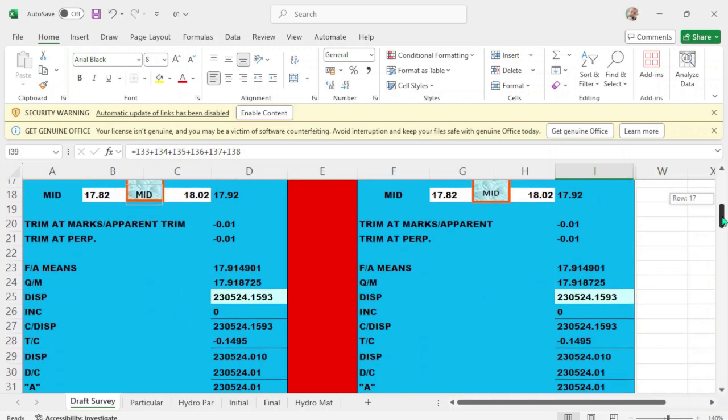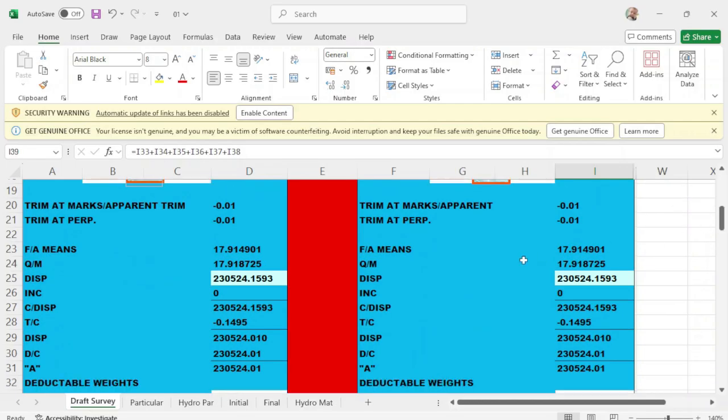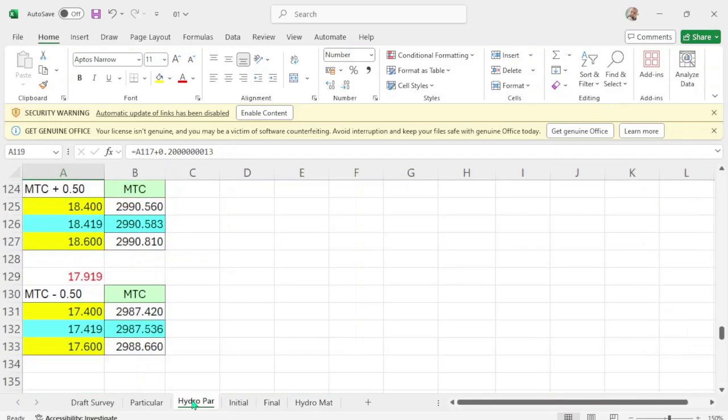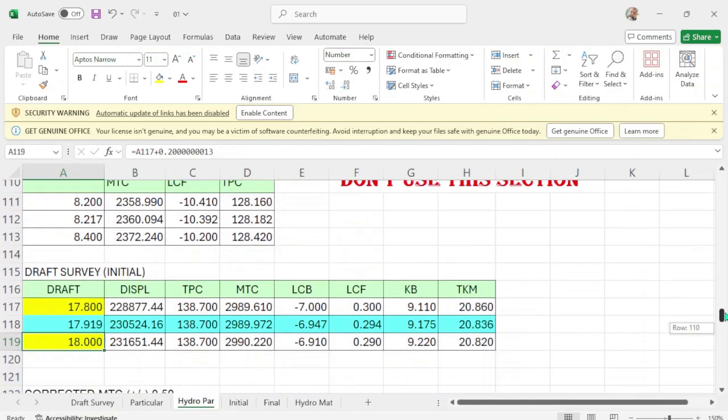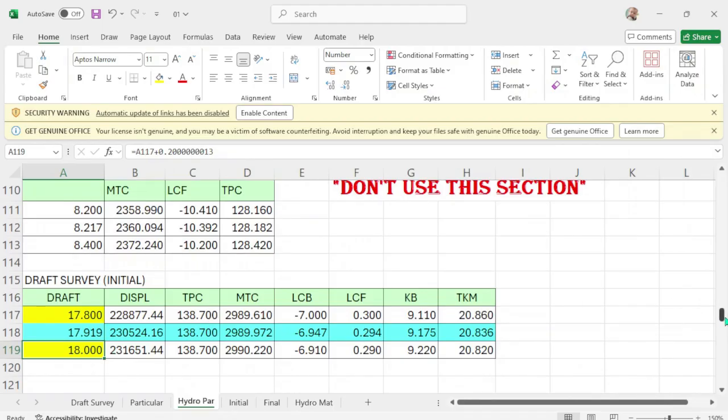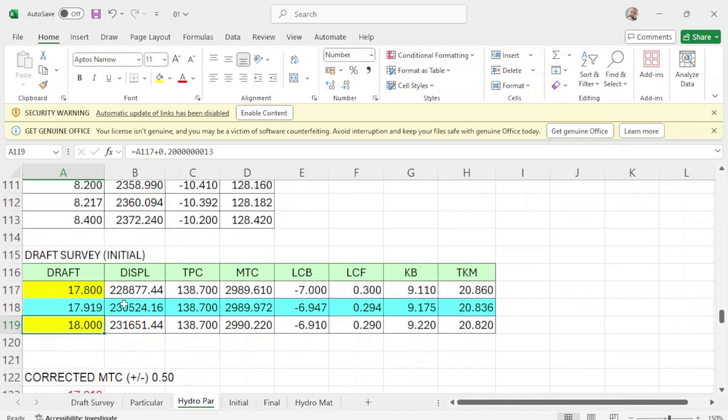The second point is when you apply this draft at the hydrostatic table, okay, this is your initial. Always put here equals.